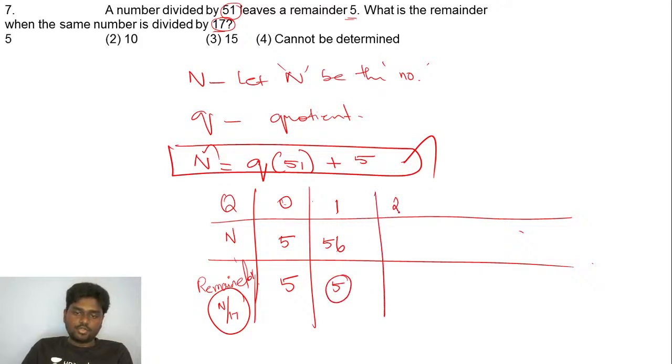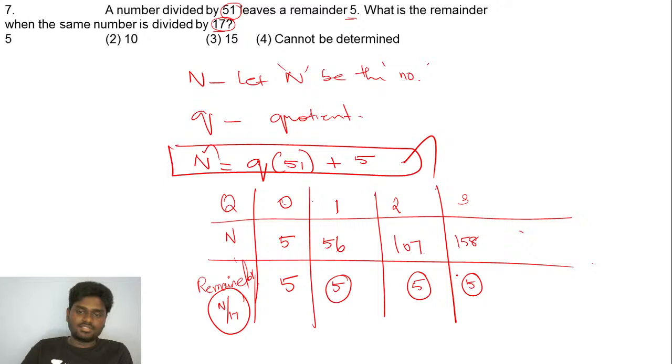And if it happens to be 2, I'll be getting 107, such that 7 minus 2 will again give me the remainder 5. And in the same way, if you go for 3, it's going to be 158. That will exactly give you the remainder again 5.